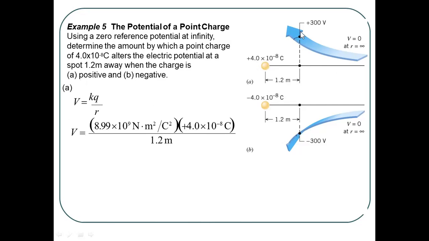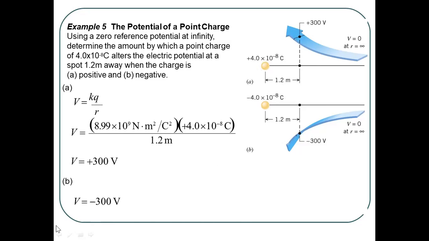Remember that the arrow represents the movement from lower potential to higher potential, as you can see here. We are given this distance at the point at higher potential as 1.2 meters. If we further simplify the values we just plugged in for letter A, this gives us positive 300 volts, since this is at higher potential.